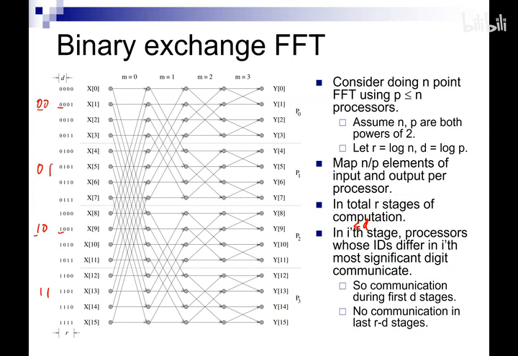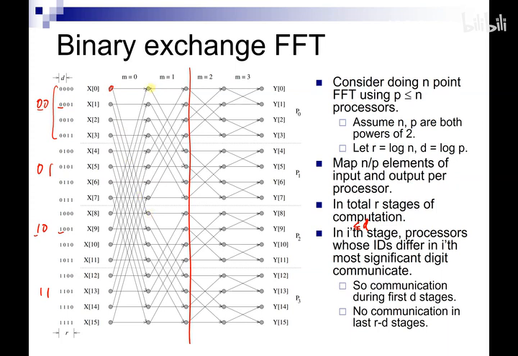So here d equals 2, and once we're past the second stage, we continue to have these butterflies, but this is being done within a processor now, because the first processor is responsible for the first 4 of these values. So in the first stage, processor 0 needs to go talk to processor 2, because that's who you do the butterfly with.